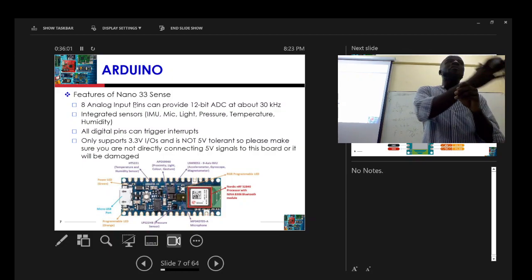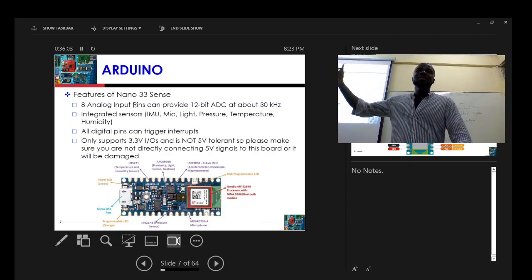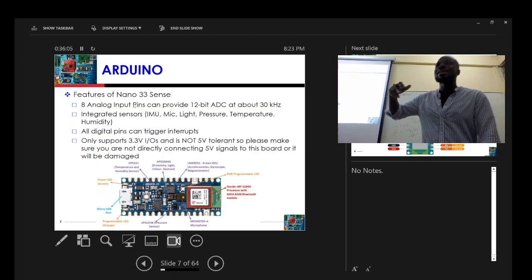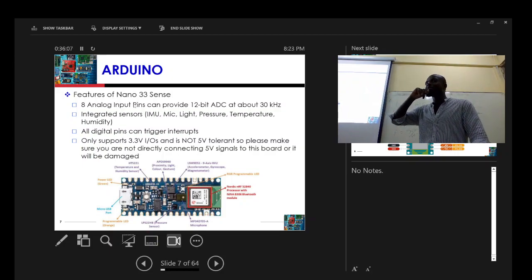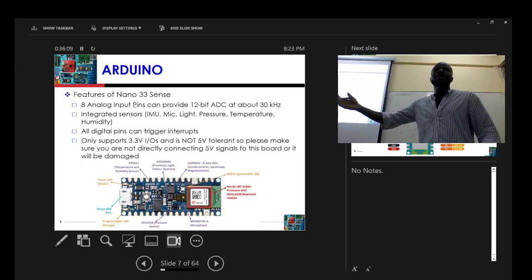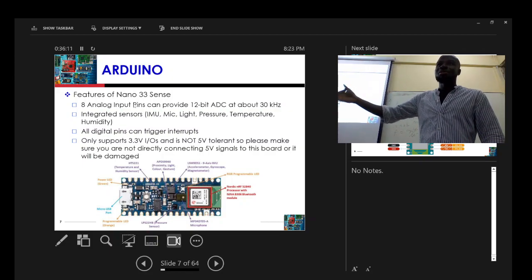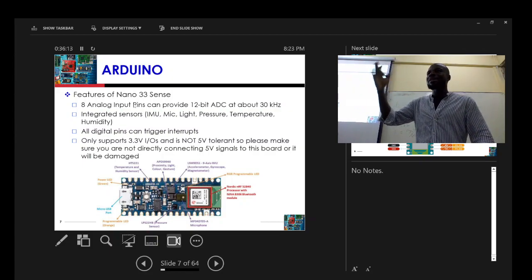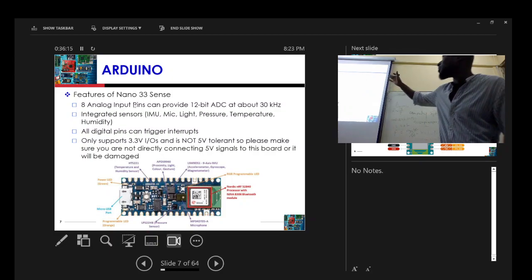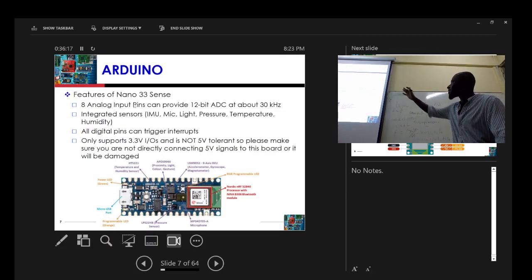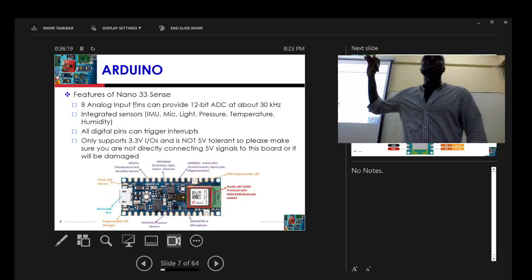So you need to convert those analog signals to what? To digital signals. You use an ADC to convert from analog to digital. You know what an ADC is, analog to digital converter. And then we say that the analog to digital converter is 12 bits. What does that mean?